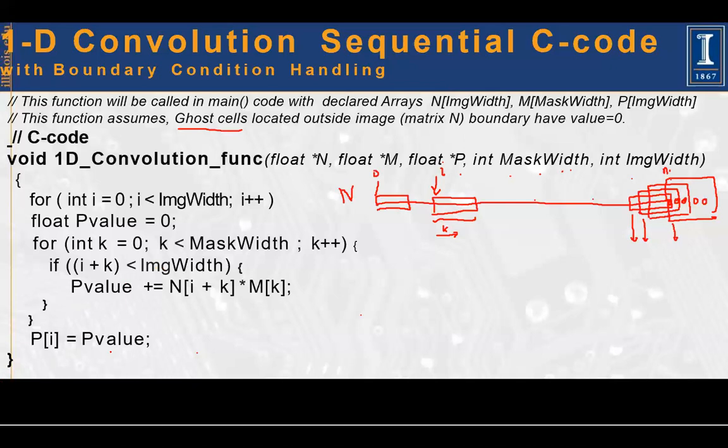And so I keep building P[i] until I fill all of P. Whatever result I get here, p value, I place it in P[i]. You could put P[i] here, as I showed in my pseudocode.